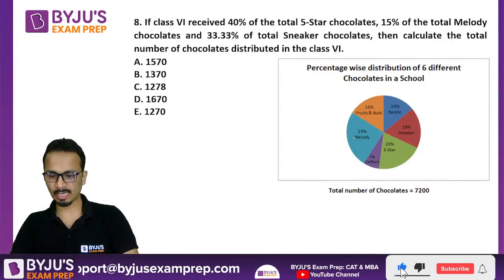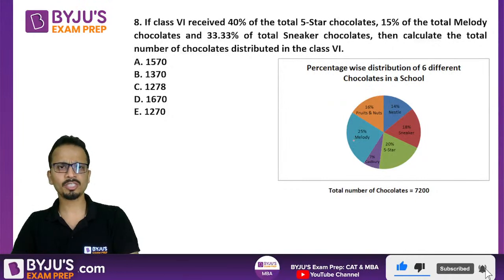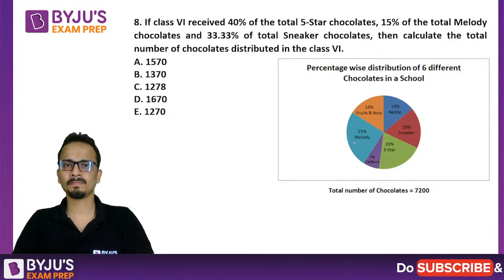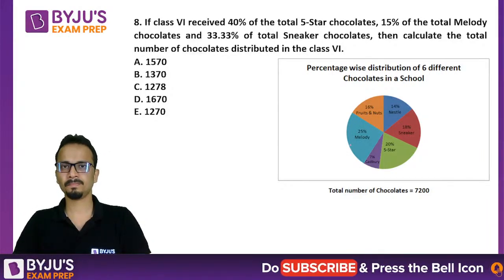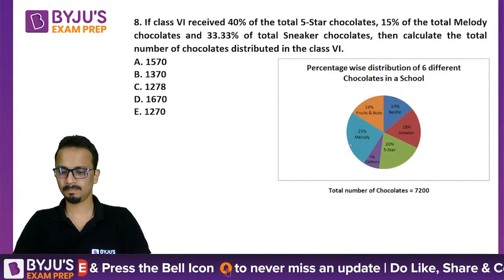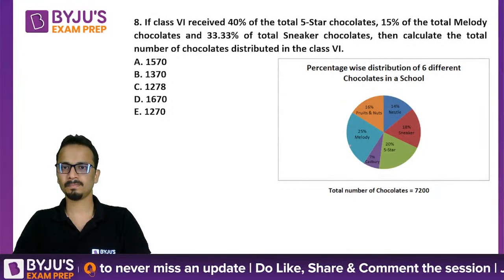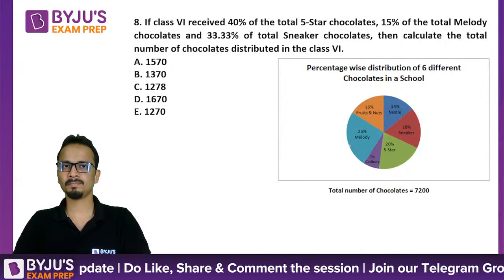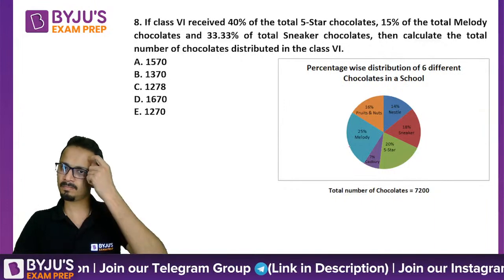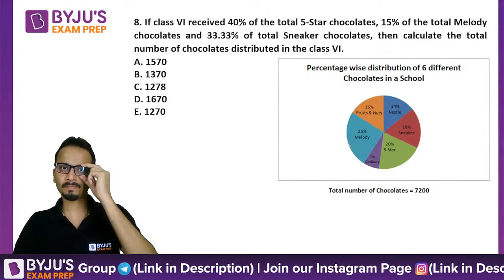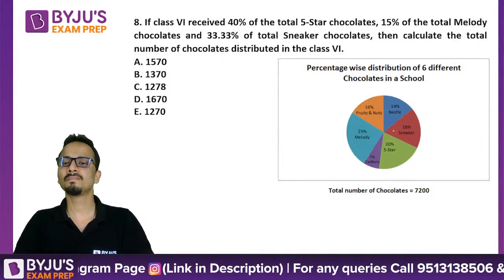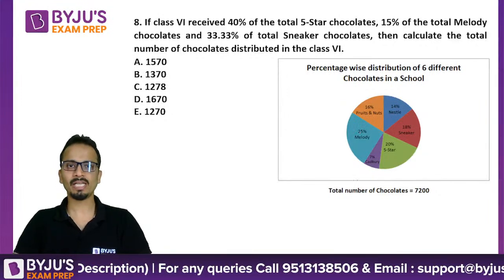Okay, so Rishikesh has given one answer, which is option C. Okay, so let's do the calculation.